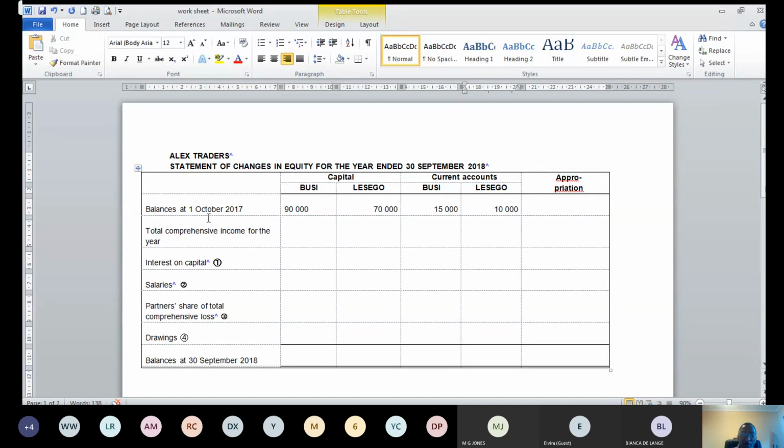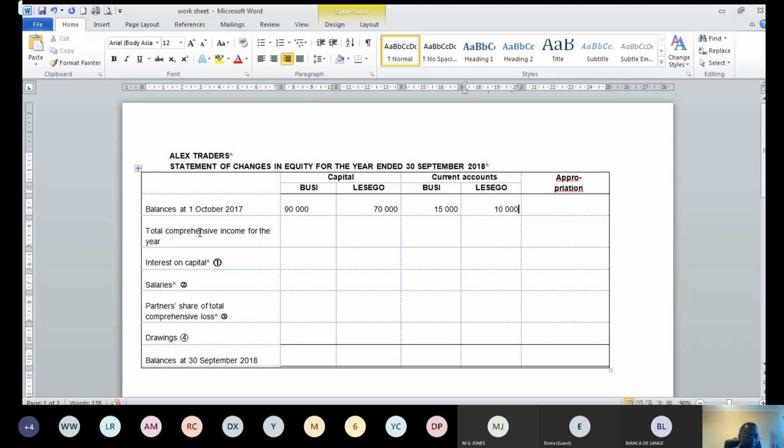We've got no information on any increases or decreases to the capital. Remember, that comes after the balances. But there's no information given to us on increases or decreases to the capital.